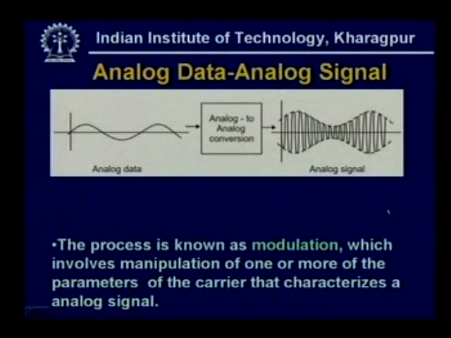So, this diagram gives you the basic scheme of analog data to analog signal. Here, as you can see, we have used one analog data as an input to the analog to analog conversion system.